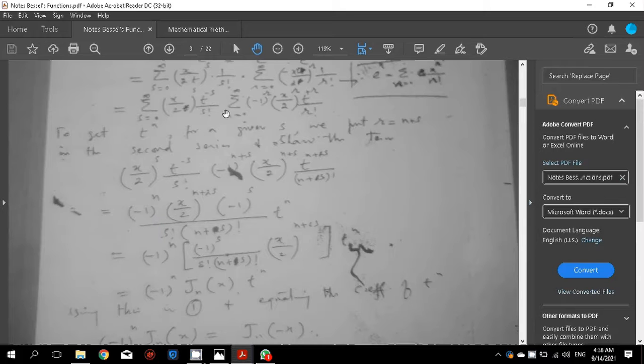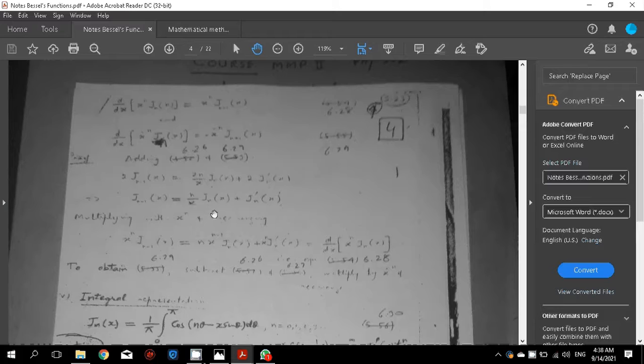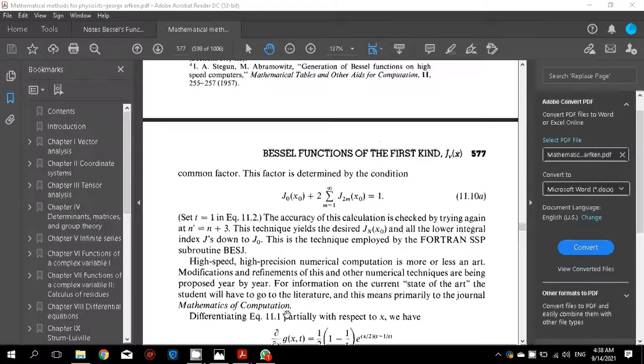So here is the parity property, which is proved as I told you before, and these are two additional recurrence relations, d by dx of x to the power n times J_n, and the second one. Let me show these two from the book as well.